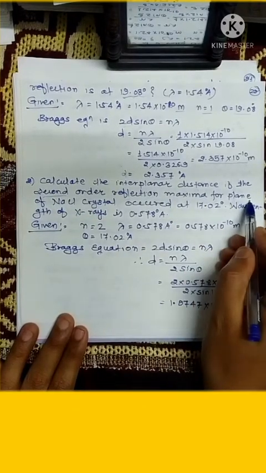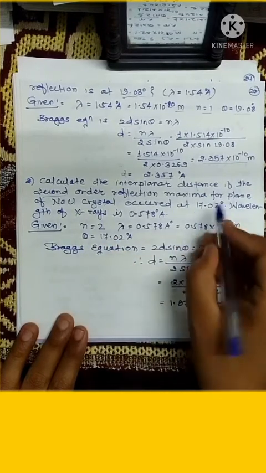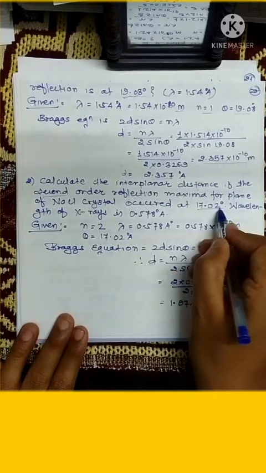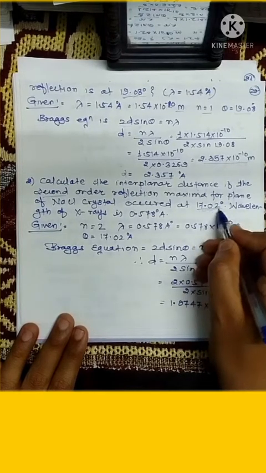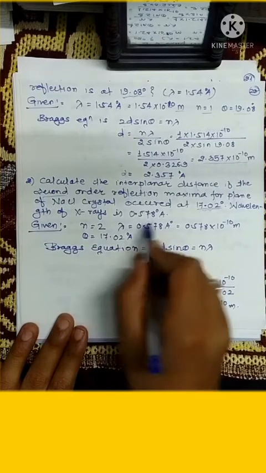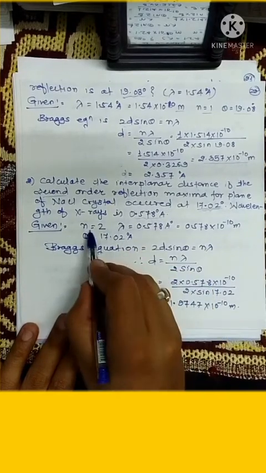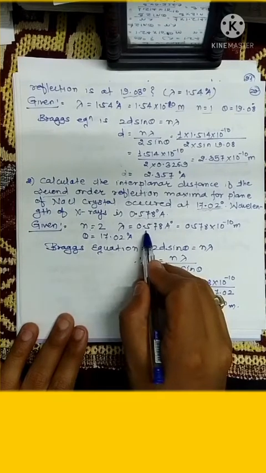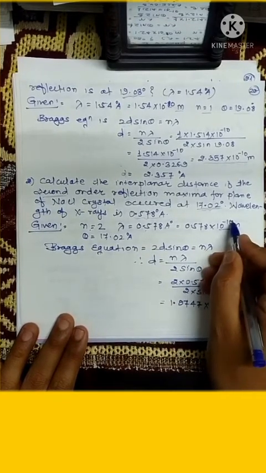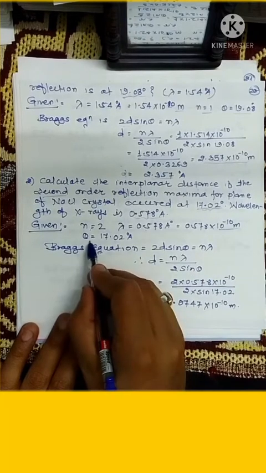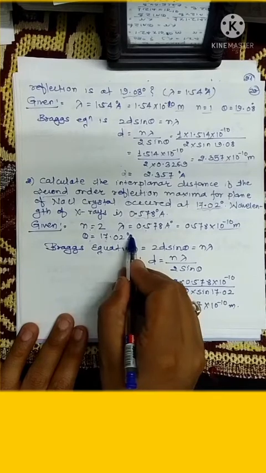Now second numerical: calculate the interplanar distance if the second order reflection maxima, value of n is 2 here, for a plane of NaCl crystal occurred at 17.02 degree angle. So it is the theta value. Wavelength of X-ray is given, that is 0.578 Angstrom. So n value is 2, lambda is converted into meter by multiplying it with 10 raised to the power minus 10. Theta is equal to 17.02 degree.